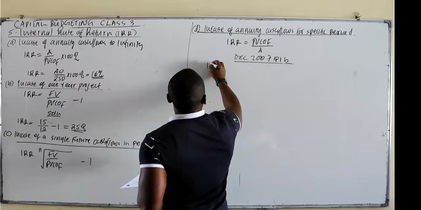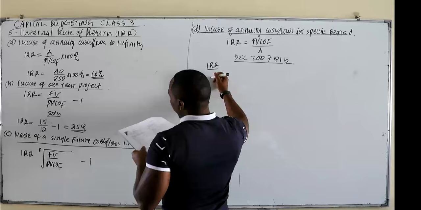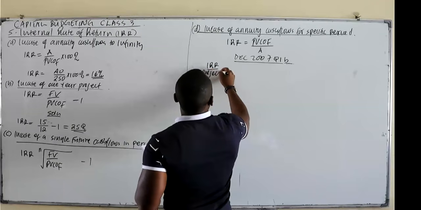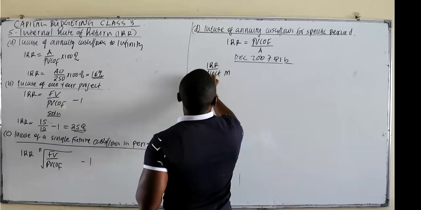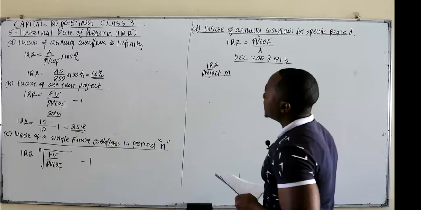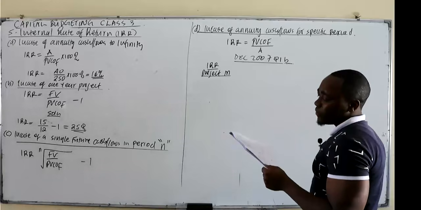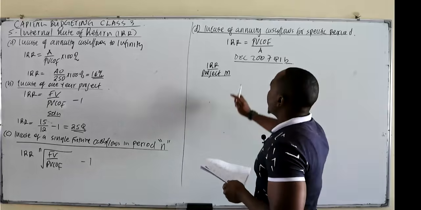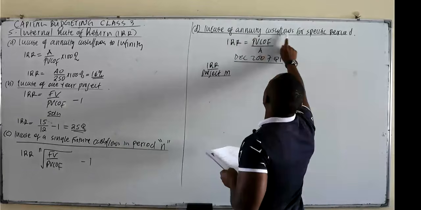Using the internal rate of return, we start with project M. Year 1 is generating 5, year 2, 5, year 3, 5. That's an annuity cash flow for a specific period.